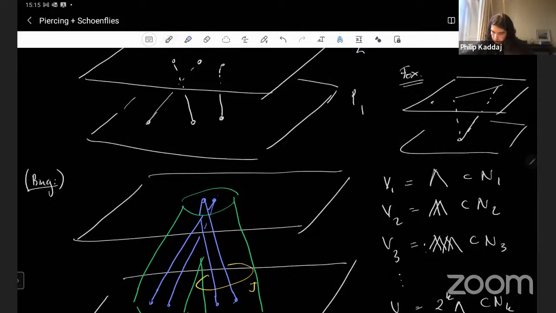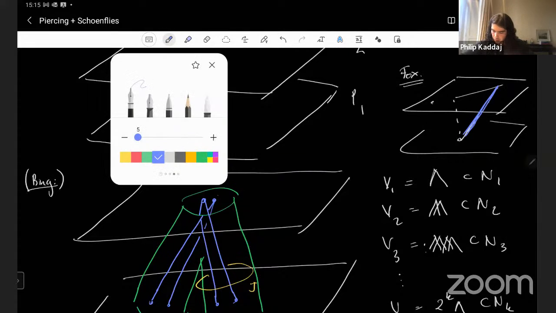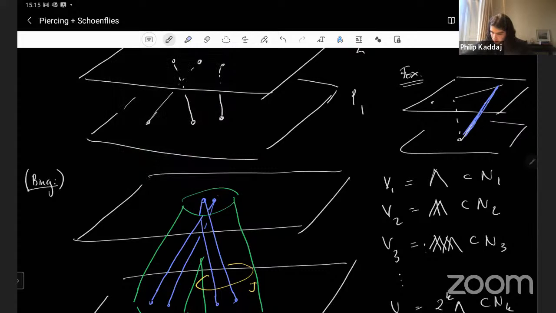So if this is the start, then at time t, you move this segment so that its endpoint is the projection of the point at ratio 1 over 1 minus t.